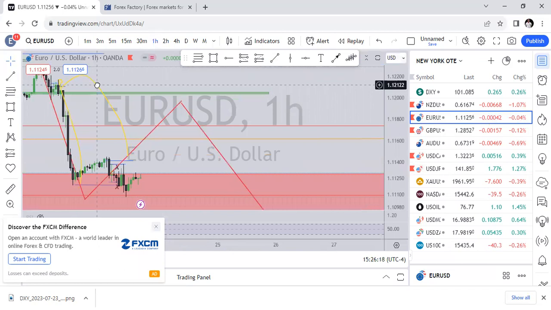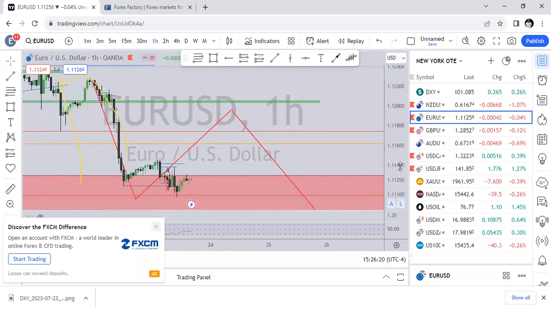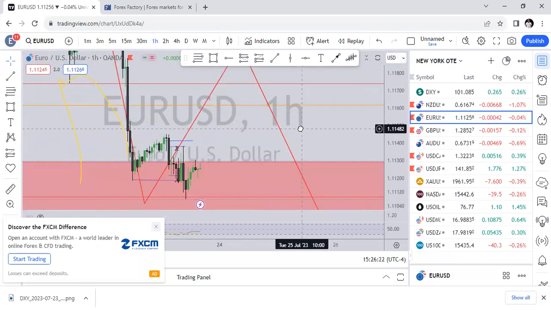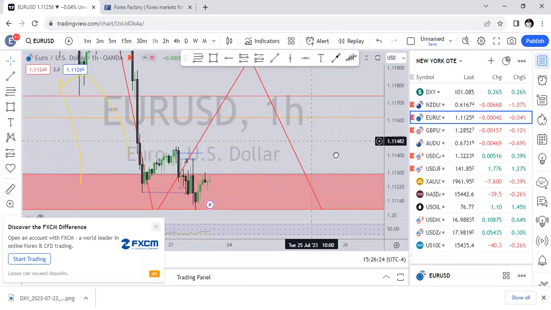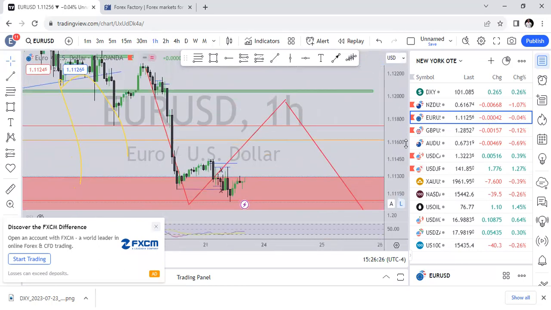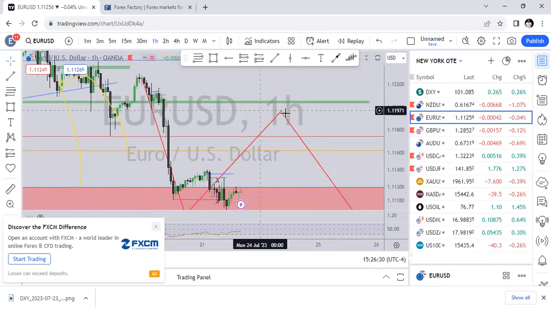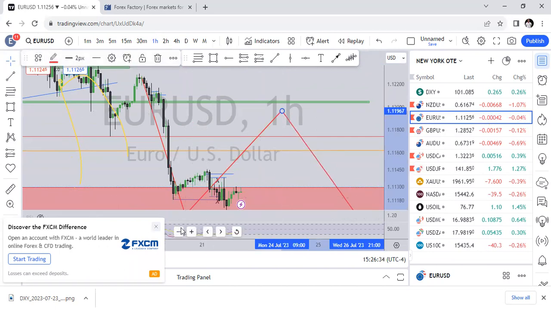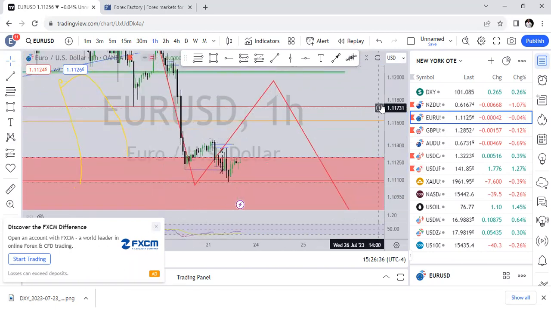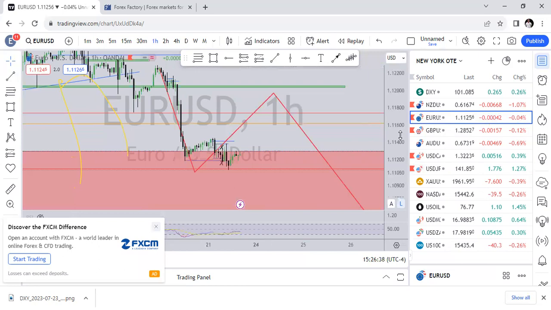Okay, sir, I want to ask something. Go ahead. Sir, this dollar index. Even when you started teaching us, almost a year now, you usually use this dollar index.